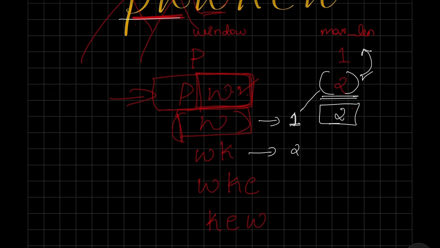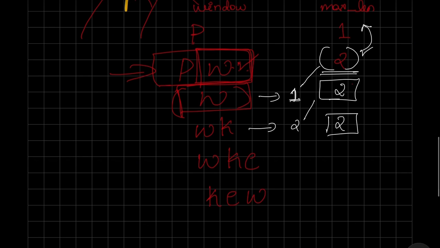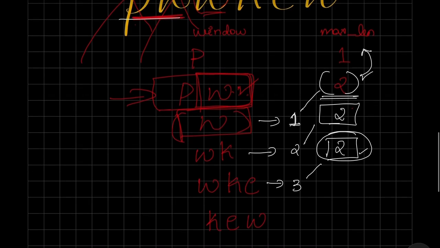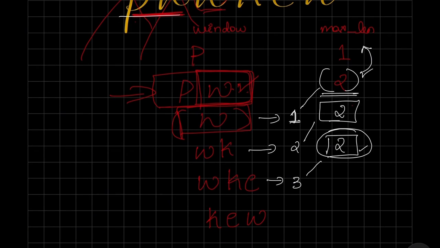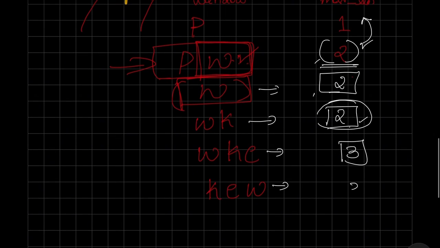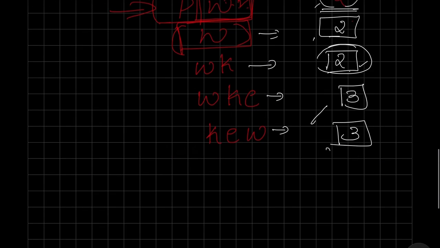Again here 2, then 2 is stored. And then here 3, so compare it with the previous max length, which is 2. So 3 is the longest, we'll store 3. Then here again it's 3, it's similar, so we'll write 3. And this is our output.